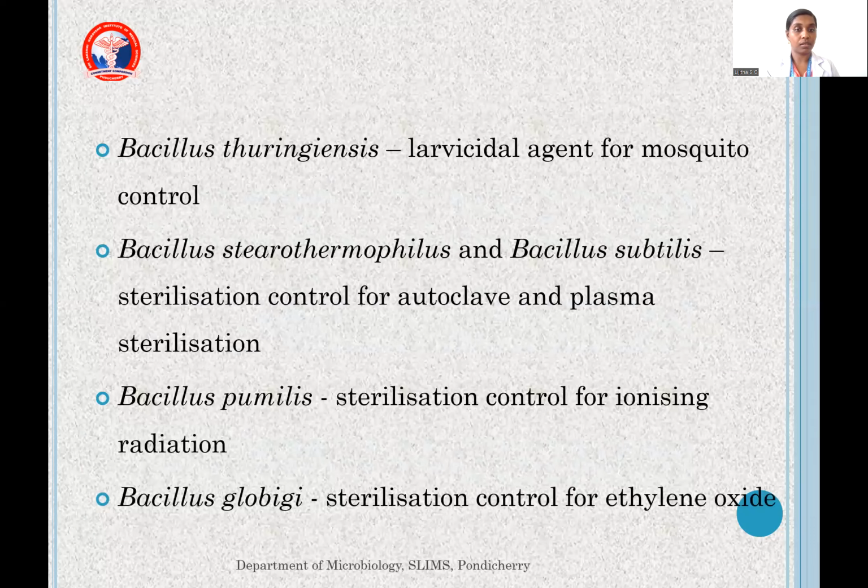Bacillus stearothermophilus we use in the autoclave, Bacillus subtilis in plasma sterilization, Bacillus pumilus in ionizing radiation, and Bacillus globigii in ethylene oxide sterilization. So these are the other Bacillus species which can be used as sterilization controls. As a larvicidal agent, Bacillus thuringiensis is used.